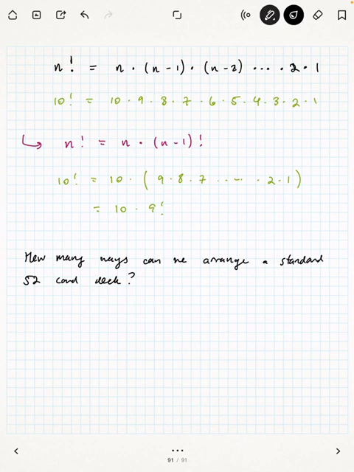So the number of ways is going to be 52 factorial, which is 52 times 51 times 50 times 49, all the way down until we get to 3 times 2 times 1. As you might have guessed, this is an astronomical number. Roughly, this is about 8 times 10 to the 67th. There are more arrangements of 52 card decks than there are atoms in the known universe. It is an unbelievably large number.